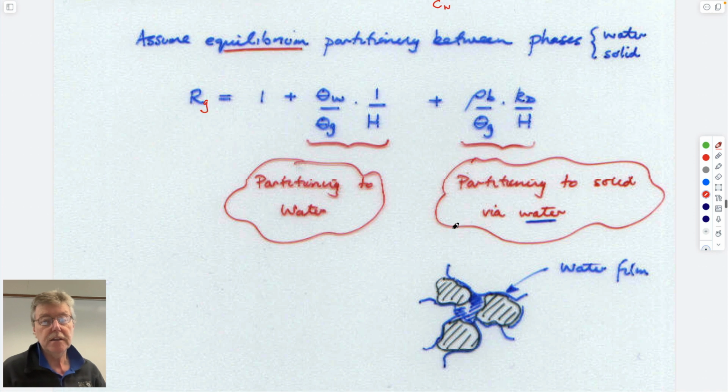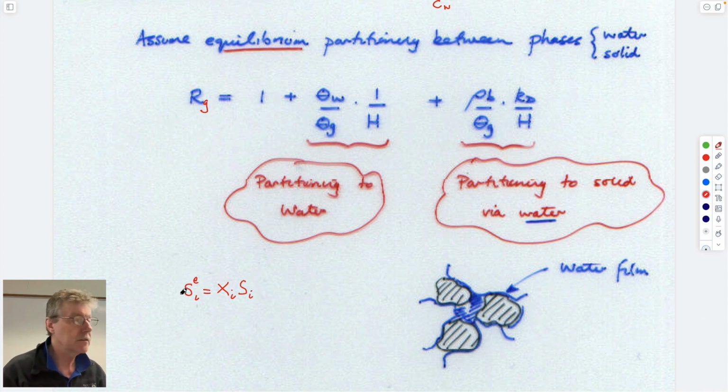So the idea is this. If you have a DNAPL, then from Raoult's law, the effective solubility of that phase will be equal to the mole fraction times the free phase solubility. I used saturation and solubility interchangeably. I shouldn't. I meant to say solubility.